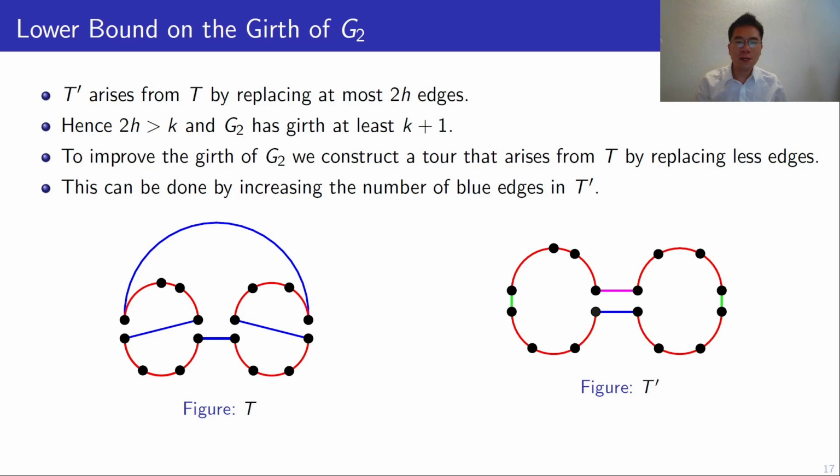In order to obtain T prime from T, we removed the blue edges and added the green edges and some of the blue edges and the pink edges. And now note, if T prime already contains many blue edges, then we do not have to remove them and add them later again, so that we can replace less blue edges to obtain T prime. So we want to increase the number of blue edges in T prime.